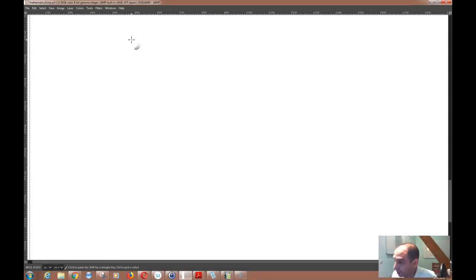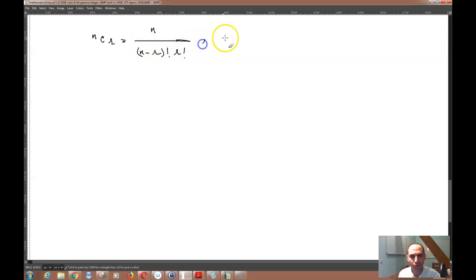So we said that n combination r is equal to n factorial over n minus r factorial times r factorial, for 0 less than or equal to r less than or equal to n. That was one thing. Then we said that n combination n is equal to 1, and also we defined n combination 0 as 1.